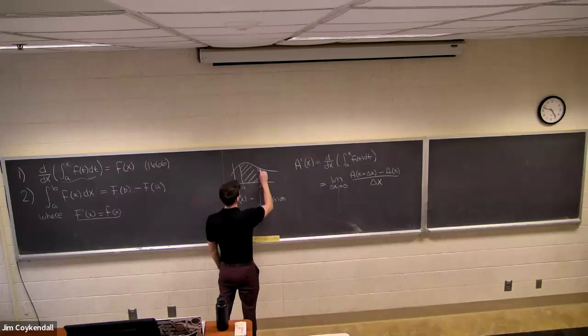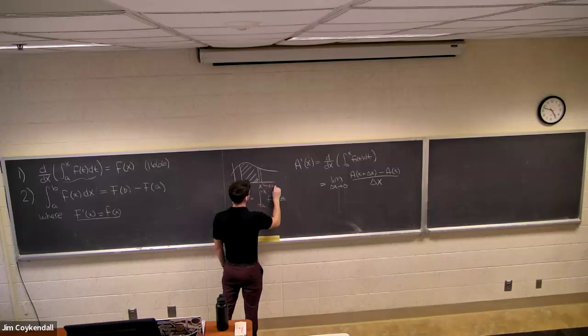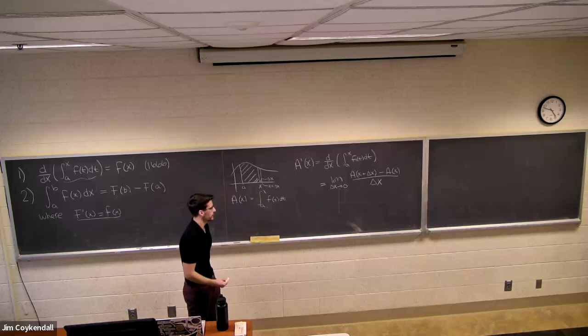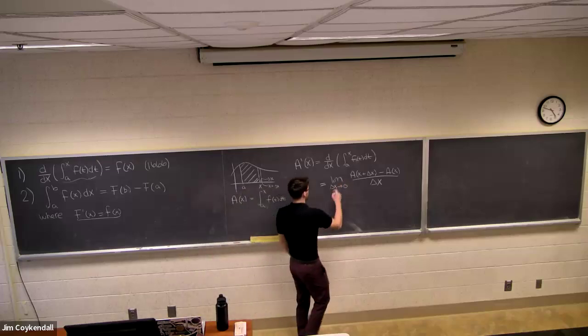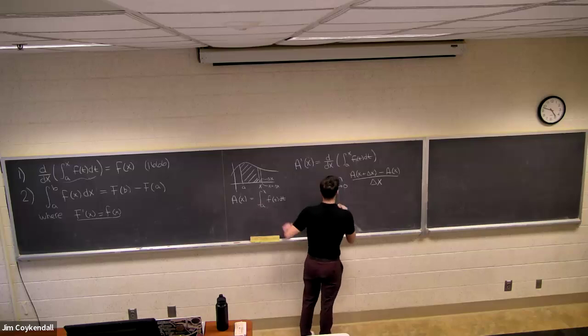So what am I doing? Well, adding a little piece here. So this point now is x plus change in x. That width is just change in x, right? But I'm just adding a little more area here. So I'm going to write this in terms of the integral.